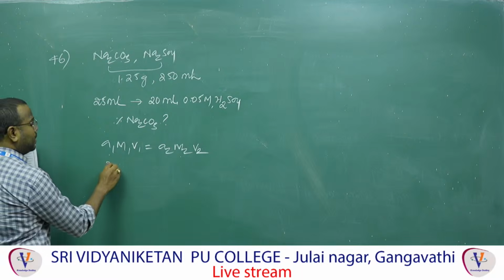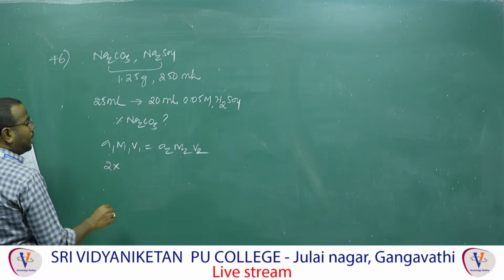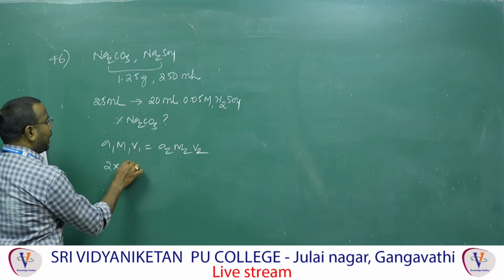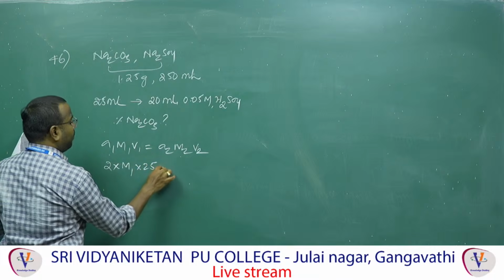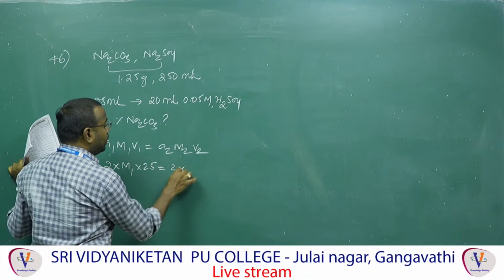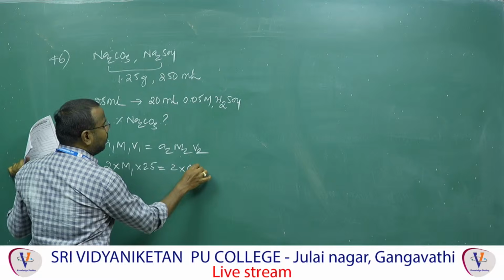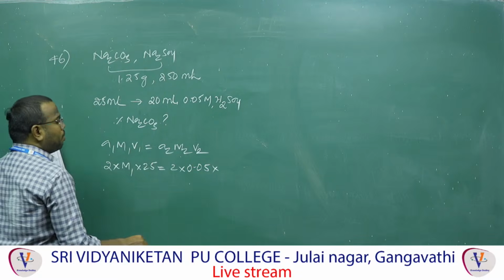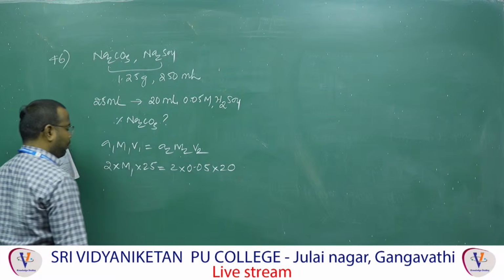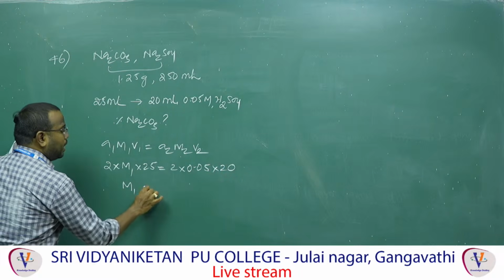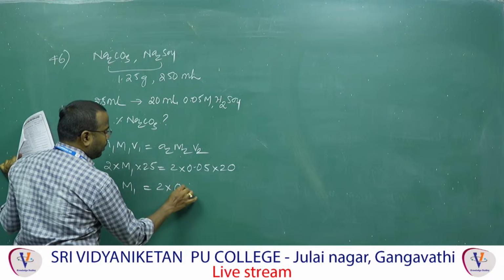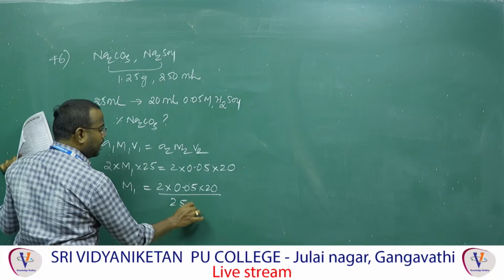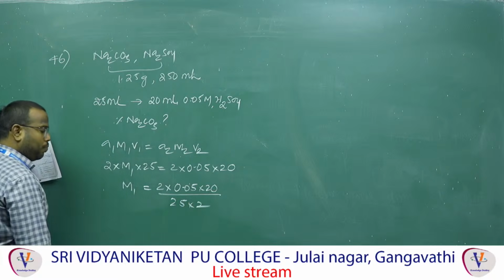A1 is 2, into molarity, which is to be calculated, volume is 25. A2 is 2, into molarity 0.05, volume 20 milliliter. Molarity equals 2 into 0.05 into 20 divided by 25 into 2.